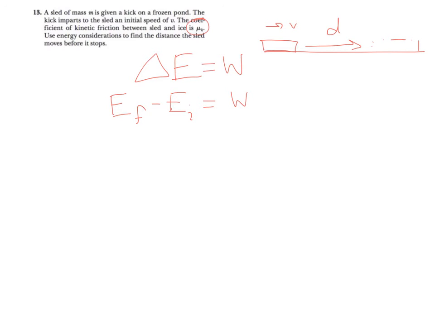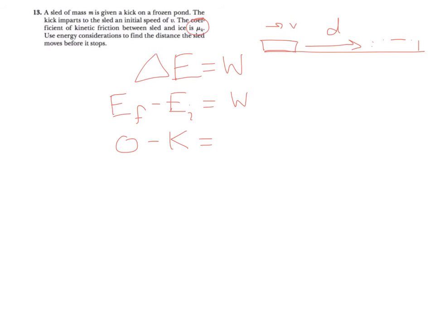It didn't go up or downhill, so it doesn't have gravitational potential energy. There's no springs, so the final energy is nothing. It's brought to rest by friction, so our final energy is zero. The initial energy, though, is kinetic energy. It says it's given a kick, it slides.